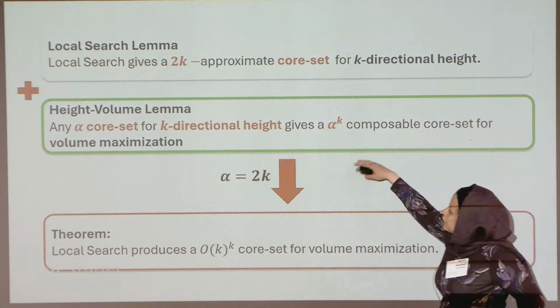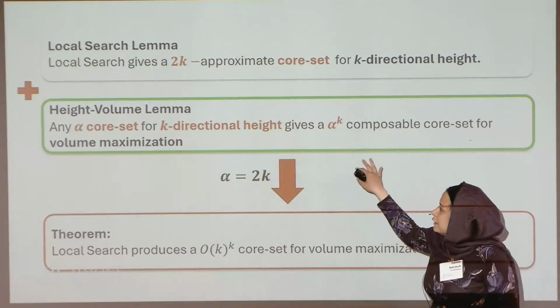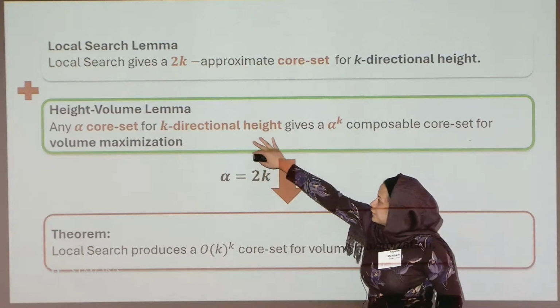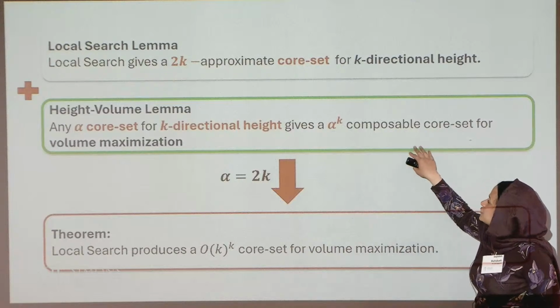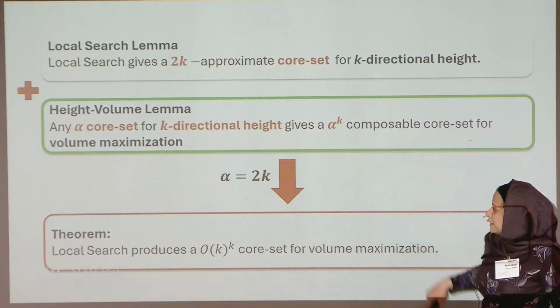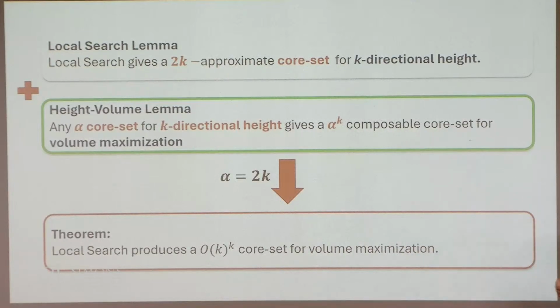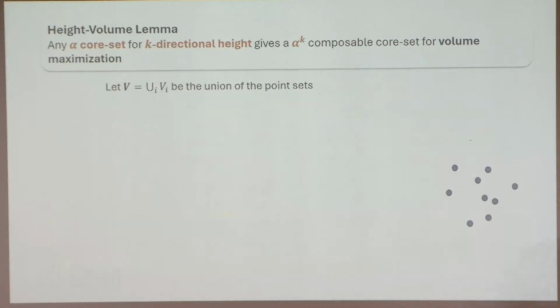And so now the second part of the algorithm relates a coreset for k directional height to a coreset for the volume maximization. Okay, so let's see how. So suppose that we have multiple point sets V1 to Vm. Let's take their union, and let's take the union of their coresets as well.